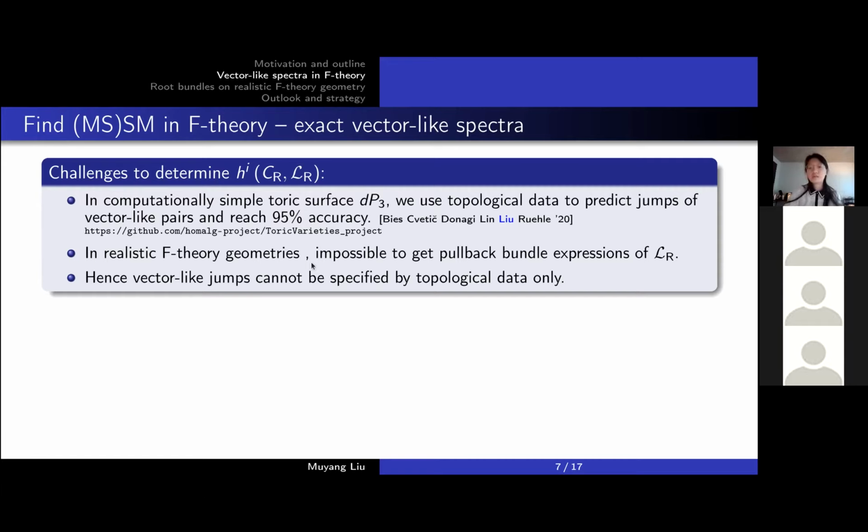And also, it is impossible to get pullback bundle expressions of L_R, which we could easily use with the topological data to determine the H0 counting if the degree of the line bundle sits inside the applicable regime of the Kodaira vanishing theorem. Hence, the jumps are hard to specify.